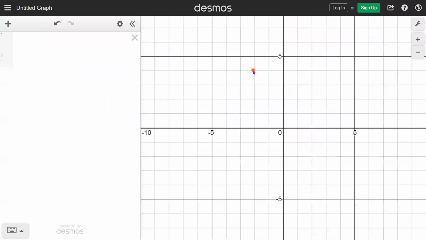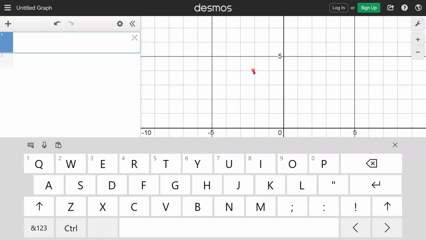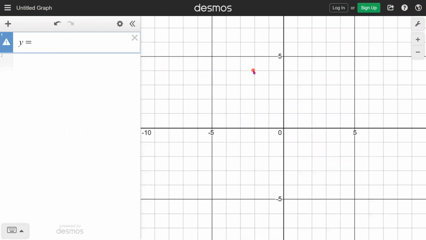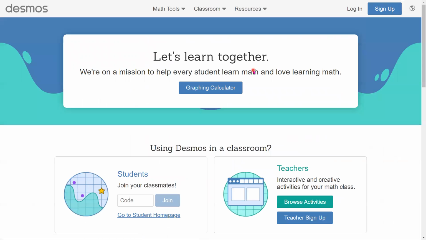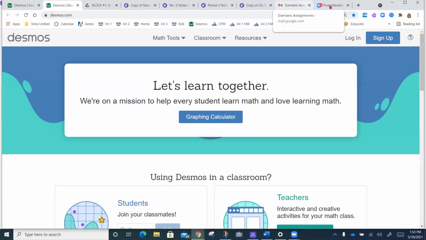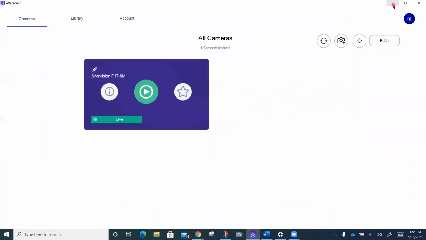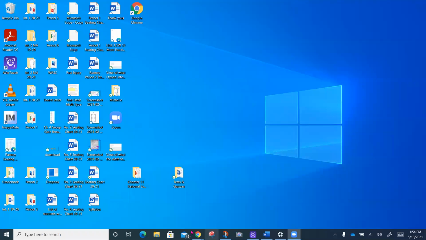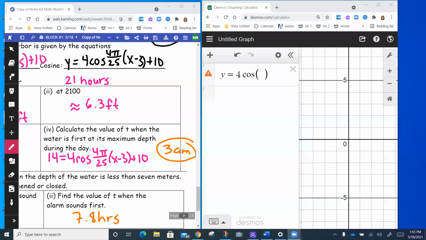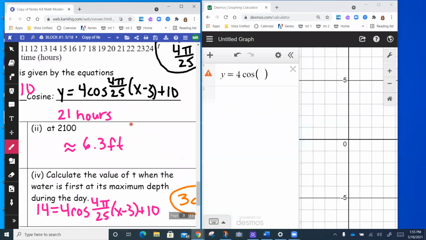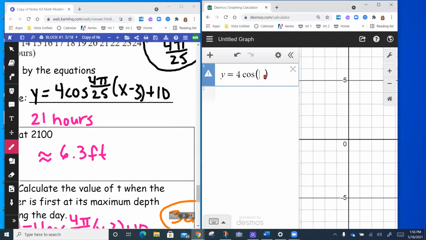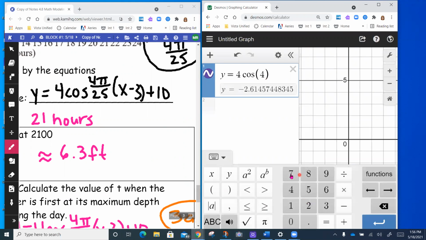Okay. And I am going to be putting in our equation. So y is equal to 4 cosine of, oops, let me get this back up. Hold on. So I'm just getting my equation. And again, I'm going to use the cosine equation. It's going to probably be the easiest.